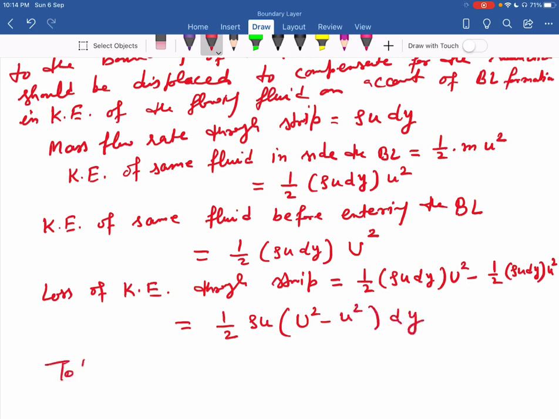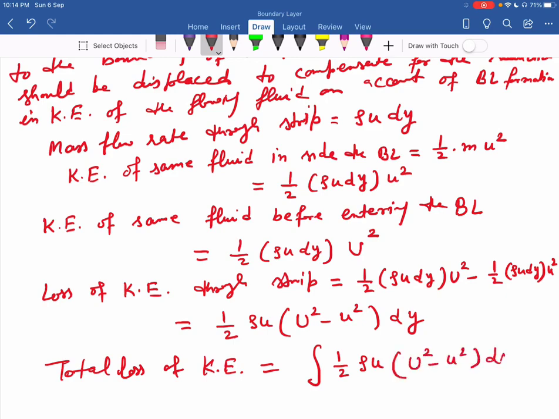So now you can write the total loss of kinetic energy, that is the integration of 1 by 2 rho u (U square minus u square) dy, y varying from 0 to delta. That is equation number 1.